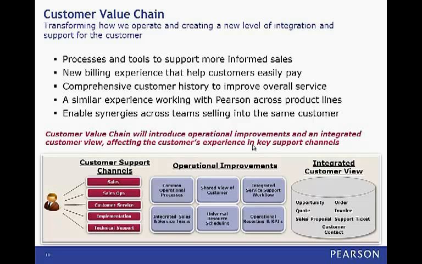And that means, what did my customer order? What service calls did that customer place on a Pearson product? What are our reps detailing, and what products are we actually engaging in conversations with? It's important that all those pieces of information are able to be served up to your sales, your marketing, and your call center folks in a very consistent fashion, so they're all working off of the same script.